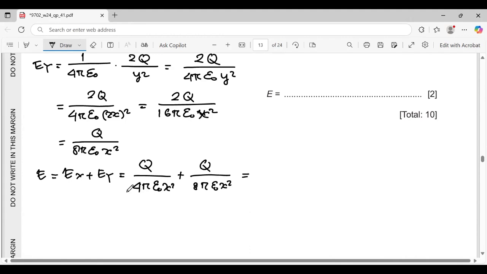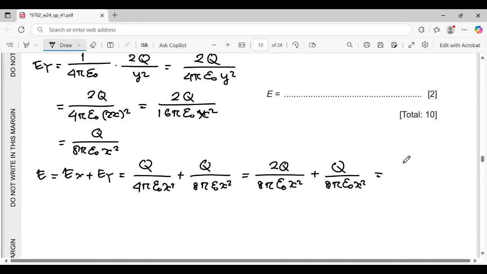We are going to make the same denominator, which means times 2 for the first fraction: 2Q over 8 pi epsilon 0 x squared plus Q over 8 pi epsilon 0 x squared.